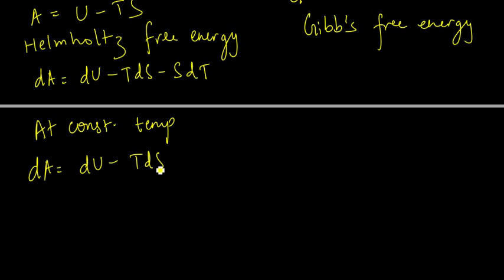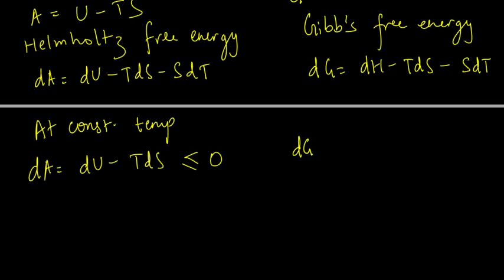And we've seen the criterion for spontaneity over here is that this should be less than or equal to 0. Similarly, dG would be dH minus TdS minus SdT, and again at constant temperature dG would be dH minus TdS, which should be less than or equal to 0.